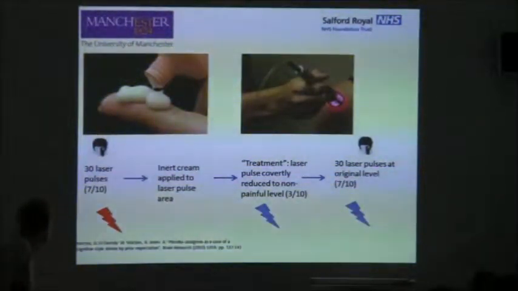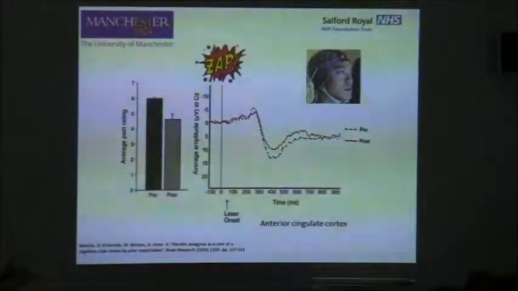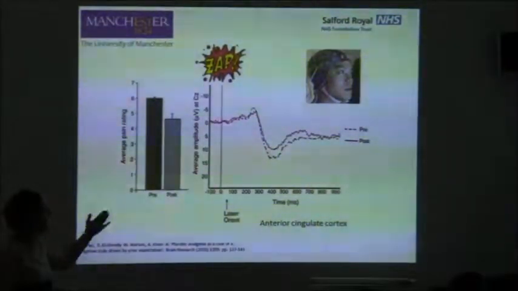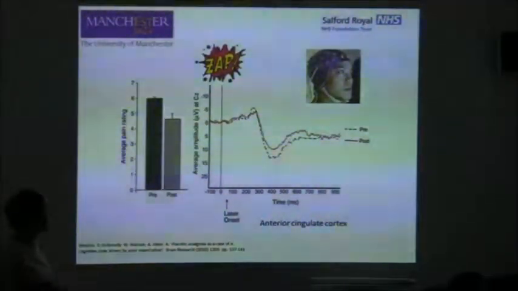And really interestingly, this translates into these plots. On the left-hand side, you can see just behavioural pain rating. Before pre-treatment, the dark block, the average pain rating is 6 out of 10. And then after treatment, it went down to 4 out of 10. But this is where it gets really interesting, because you can measure how pain-related brain activation changes in the brain.